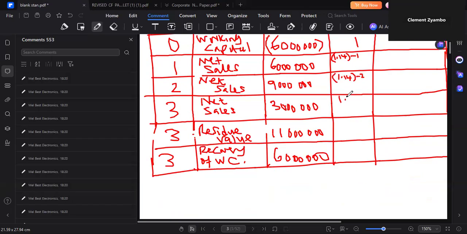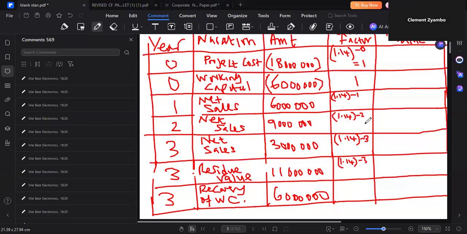Then 1.14 to the power negative 3. So this is at the end of the 3.